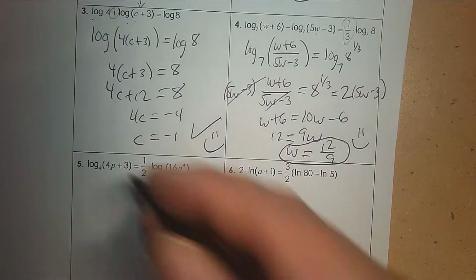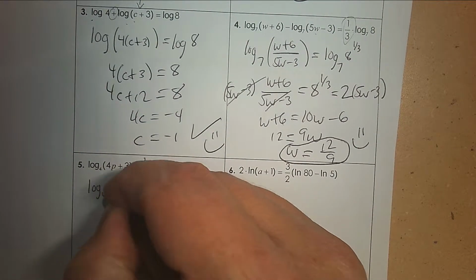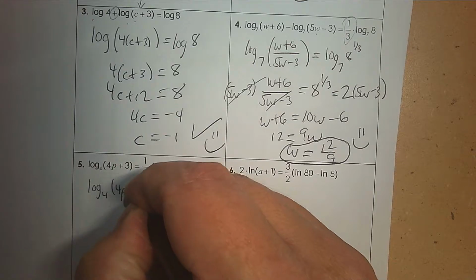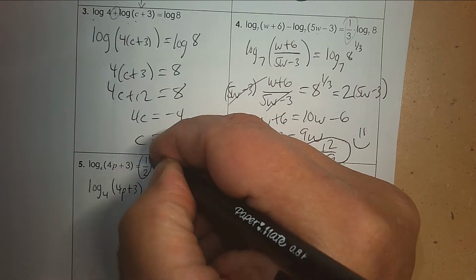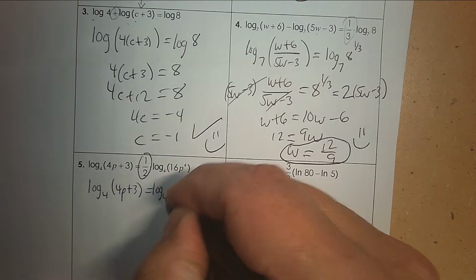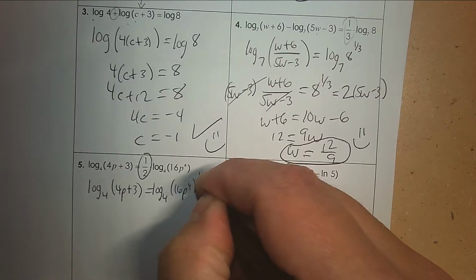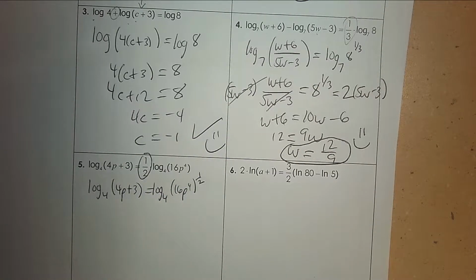Step number 1. I have a logarithm on the left. One thing I have to do: you see the number in front of the logarithm? That is going to be the exponent inside. Once everything is inside one logarithm, then I can make inside equal to inside.